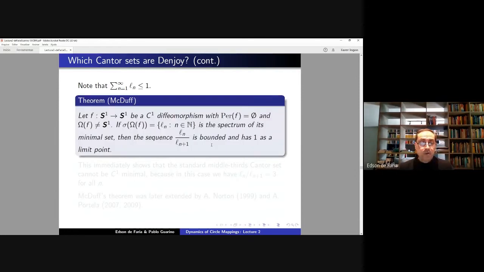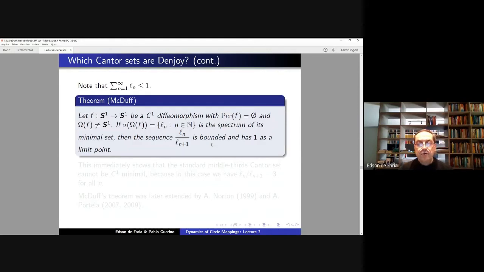So the theorem by Dusa McDuff is the following. If you have a C1 diffeomorphism that has no periodic points and which has an exceptional minimal set, so the non-wandering set of f is not the whole circle, then if you look at the spectrum of this Cantor set, the sequence of ratios of successive lengths, L n divided by L n plus 1, is bounded, and one has a limit point.